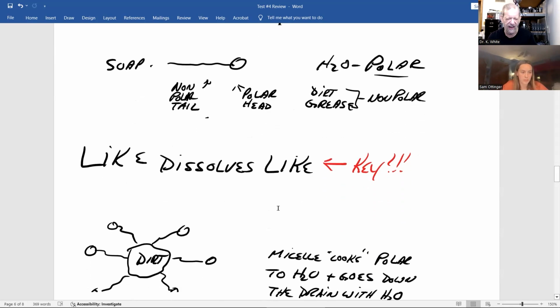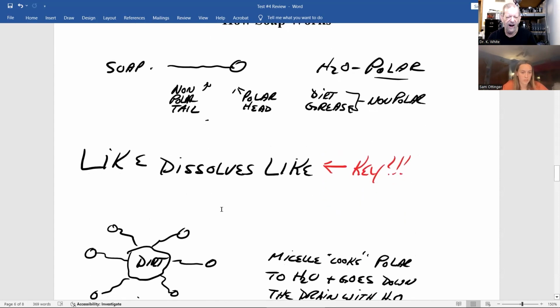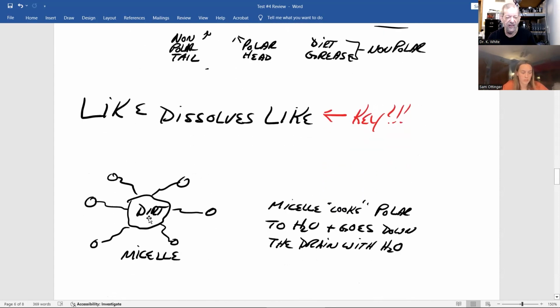Because of that, the nonpolar tail of soap is attracted to nonpolar dirt, but the polar head stays far away from dirt. So you form that micelle, and you should know how to draw the structure of a micelle.